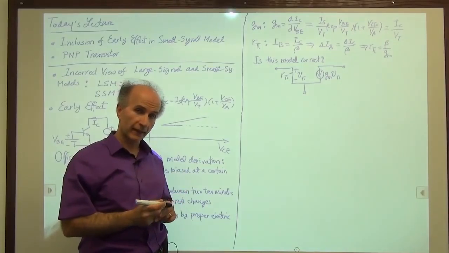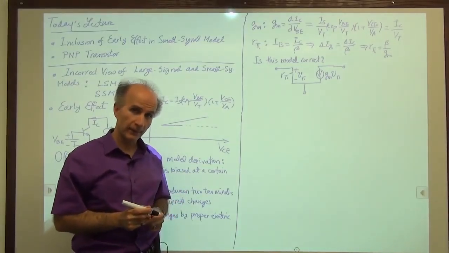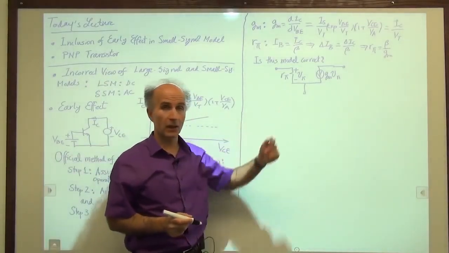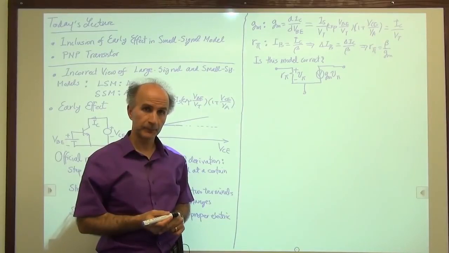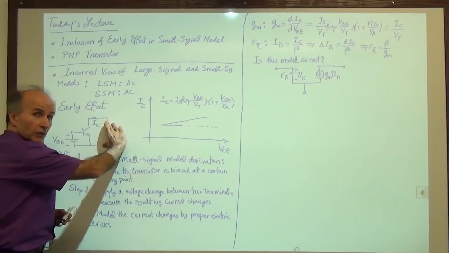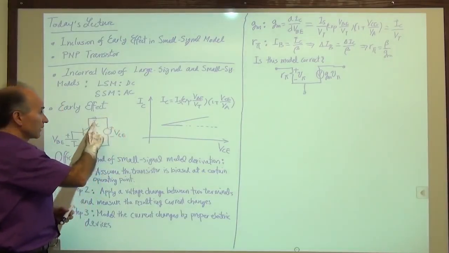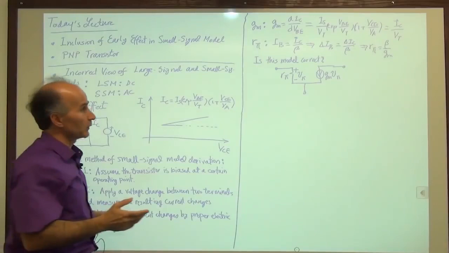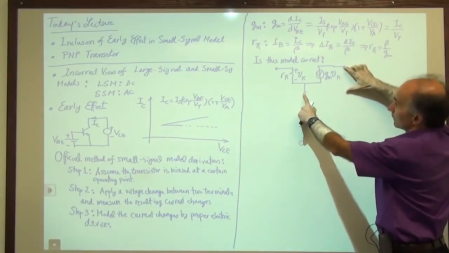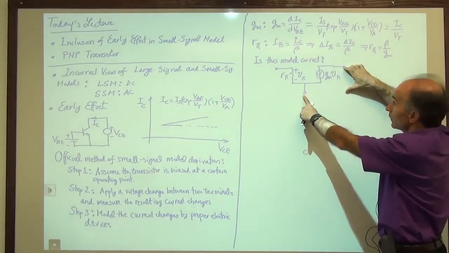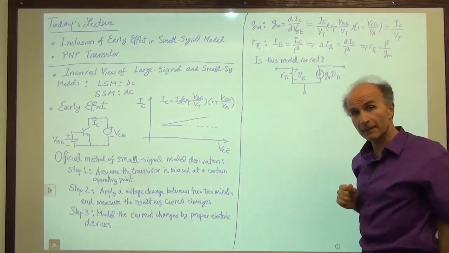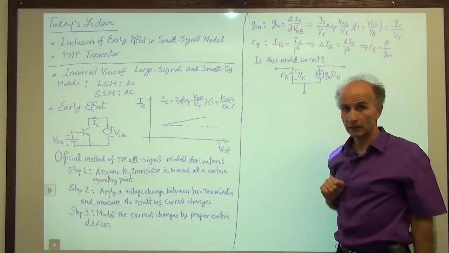So we have to think about that for a second and ask ourselves, is there some other mechanism that this model does not include? Well, what we are saying is that if the collector-emitter voltage changes, the collector current changes. But we don't have that here. Here, this is the collector-emitter voltage. If this voltage changes, we don't see any change in the current. The current is always gm vπ. So something is missing, and we have to see how we can do that.